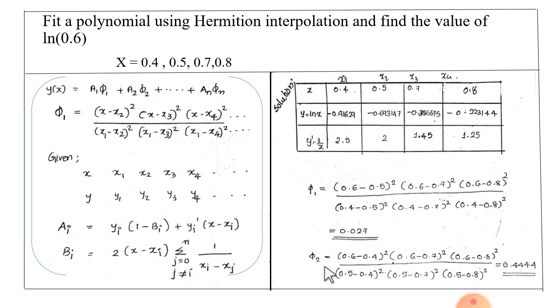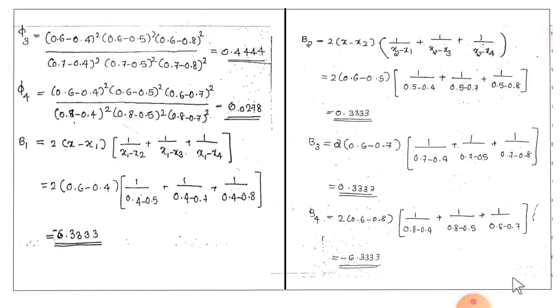Similarly, in the case of phi 2, the equation will be (x minus x1) whole square into (x minus x3) whole square into (x minus x4) whole square, whole divided by (x2 minus x1) whole square, (x2 minus x3) whole square and (x2 minus x4) whole square. So you can find the values here.